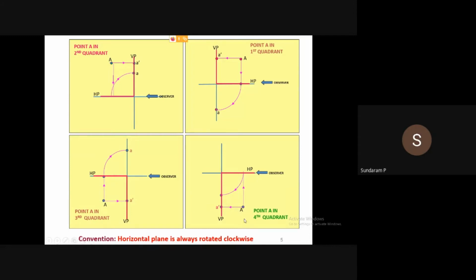When we look at the top view, we obtain it on the horizontal plane, but when making the 2D orthographic drawing and rotating 90 degrees clockwise, we obtain both the front view and top view on the same vertical plane, or we can say below the xy line. But in the second quadrant, we get both above the xy line, and here we get them below the xy line.